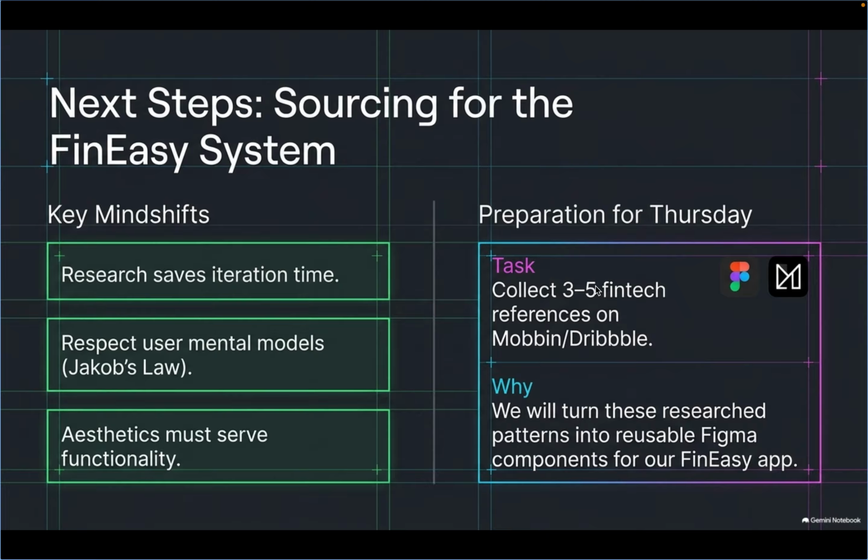You can check Dribbble, you can check Mobbin. Just collect some of these apps and reference them, because we are going to work on a product. So you're going to collect these 3 to 5 fintech apps.